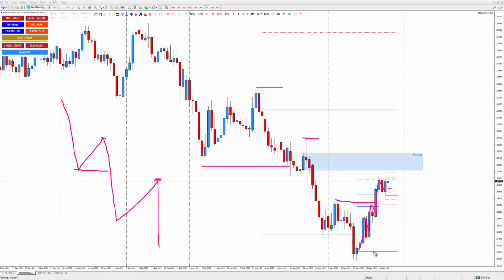This is broken, right? So here, to me, this is a retracement. The market could come back here and go lower. I will start looking for a buy if the market breaks this level.